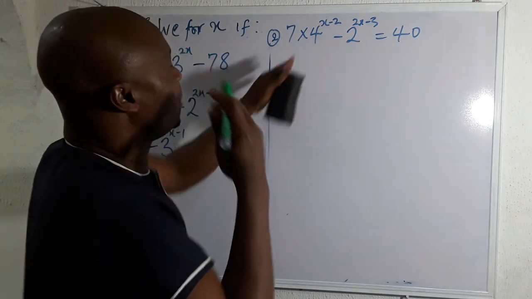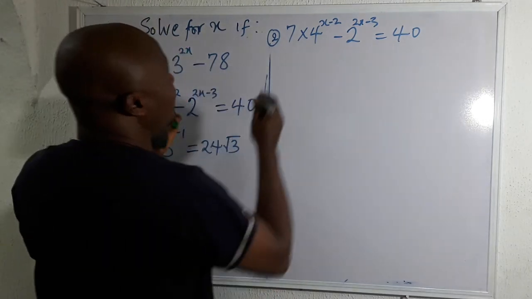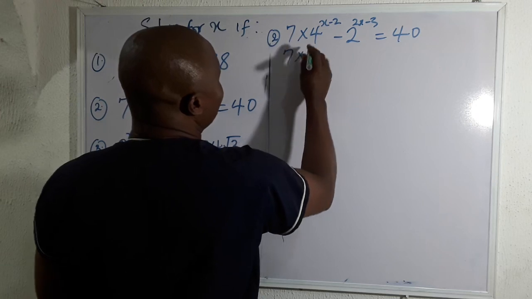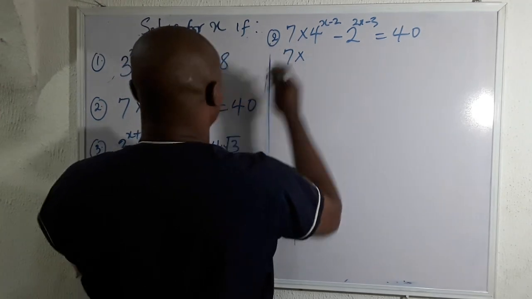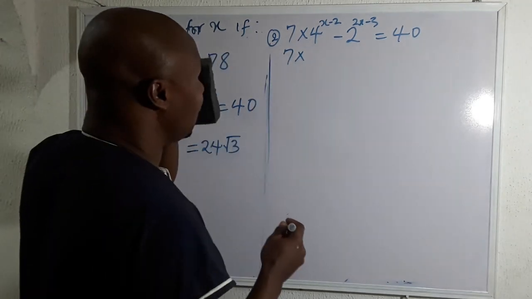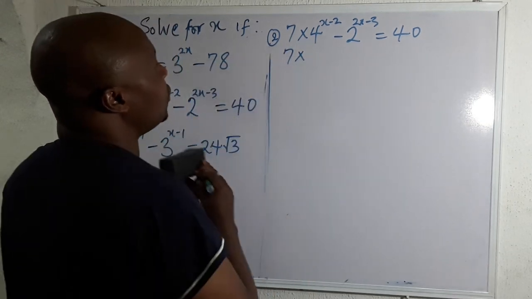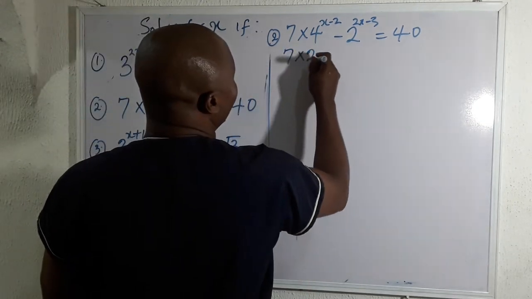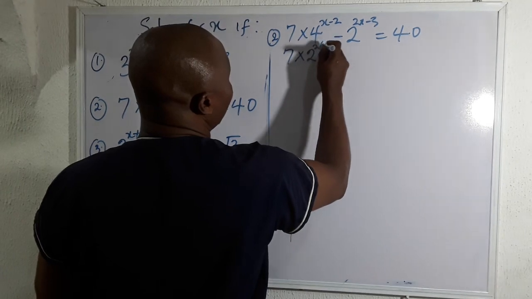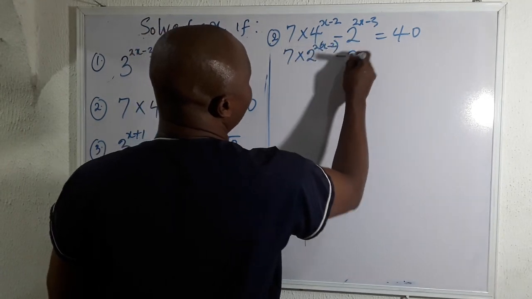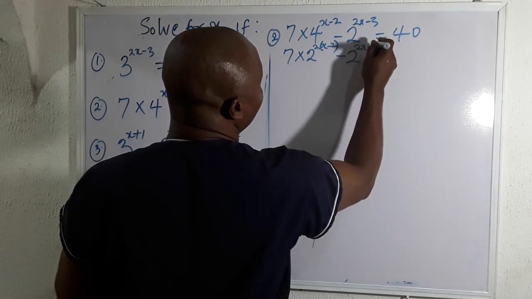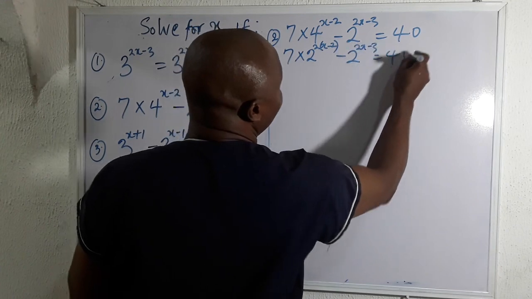Now in this case, similarly, we are going to apply the laws of indices. We have 7 times, this 4 we can express as 2 raised to the power 2. So that would be 2 raised to the power 2 into x minus 2, minus 2 raised to the power 2x minus 3 is equal to 40.